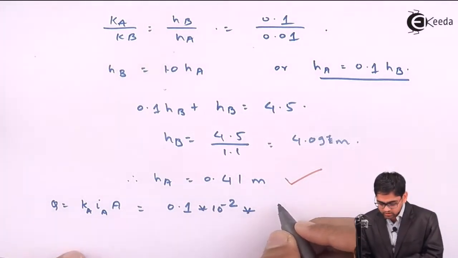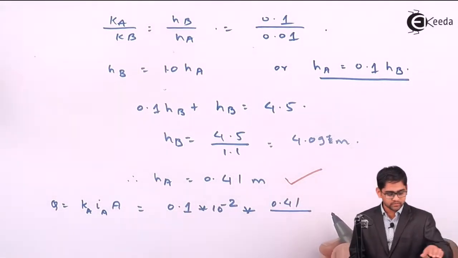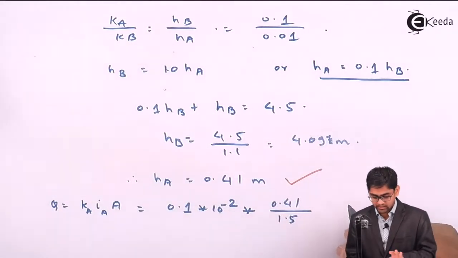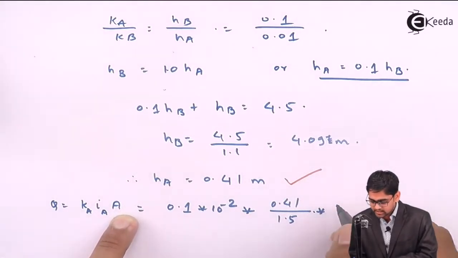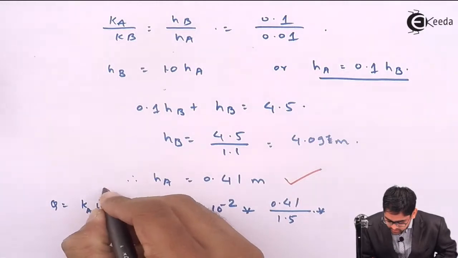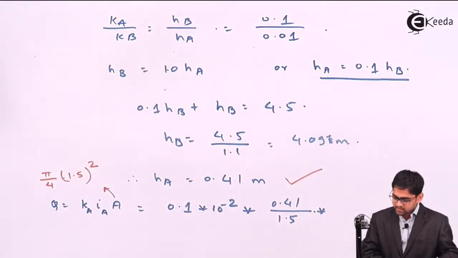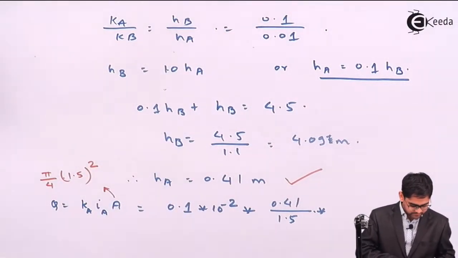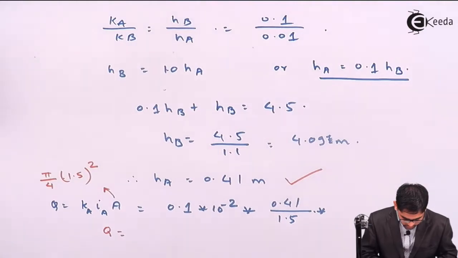IA will be equal to the head lost for A, which is 0.41 meter, divided by length of A. Length of A is 1.5 meter, which is equal to the length of soil B, into capital A. Capital A is just pi by 4 into d square. The diameter is given as 1.5. So you'll place all the values and you'll obviously get Q equals 0.1 into 10 raised to minus 2 into 0.41 divided by 1.5, into pi by 4 into 1.5 into 1.5.